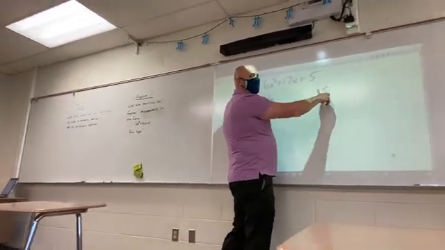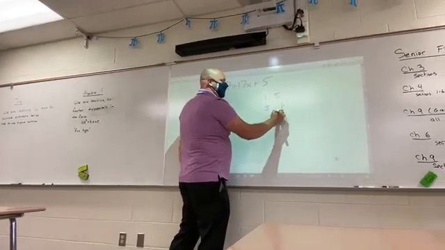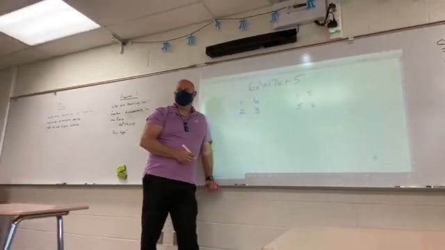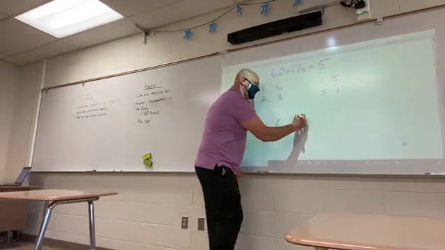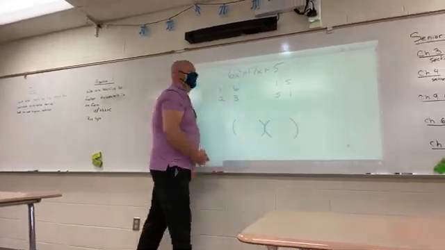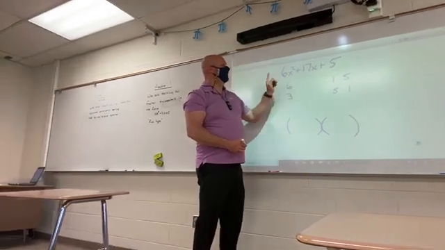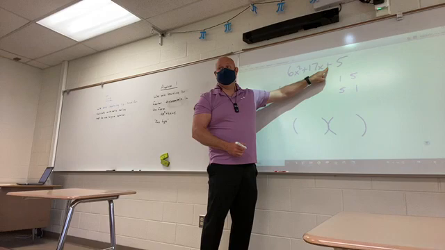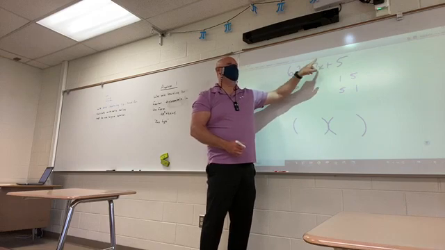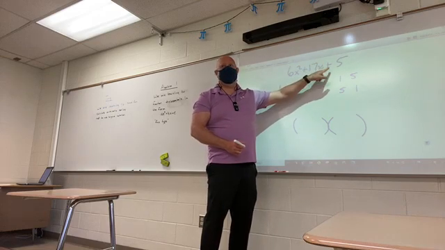If I list it 1 and 5, I also have to go 5 and 1. This one actually there's only 4 combinations to check. But what am I looking for? I'm looking for outsides and insides that add up to, because this tells me to add or subtract, to 17. So I'm looking to add to 17.